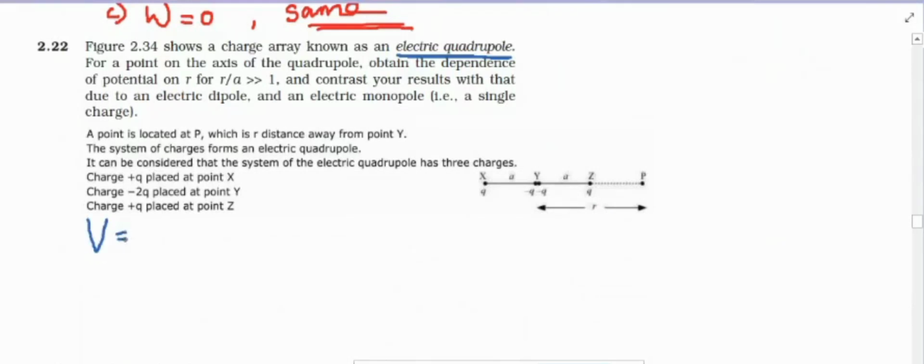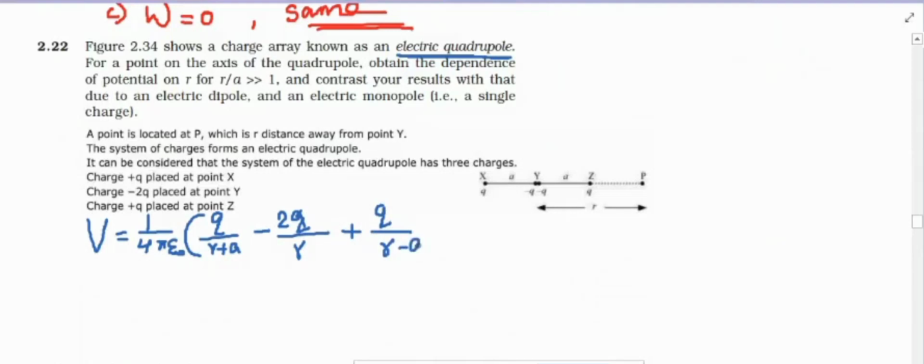Total potential V is equal to 1 by 4 pi epsilon naught, times: first the charge on the leftmost side, Q divided by R plus A; next, 2 charges are there, so we have minus 2Q divided by the distance R; then plus the charge on the right side, Q divided by R minus A.